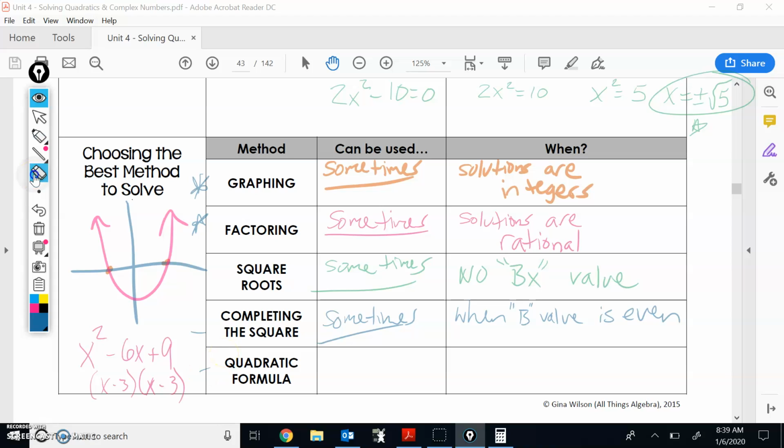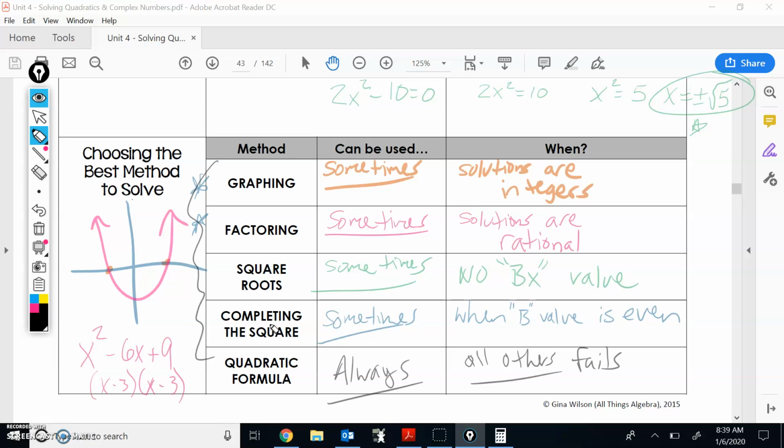Quadratic formula: if I can't factor it, and if the answers aren't integers, that's when I would go to completing the square or the quadratic formula. Because the quadratic formula, you can always do it anytime. It's easiest when all others fail. And by all others, I mean these: graphing, factoring, square roots, and completing the square.